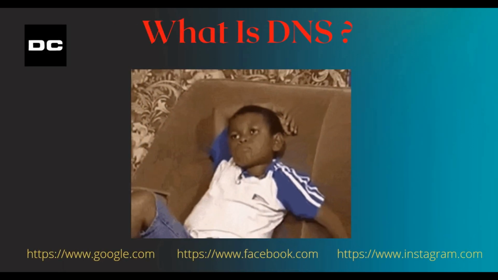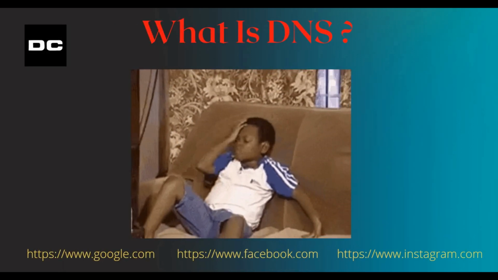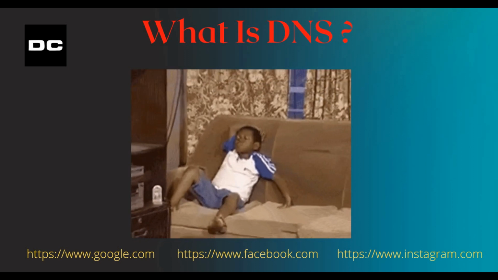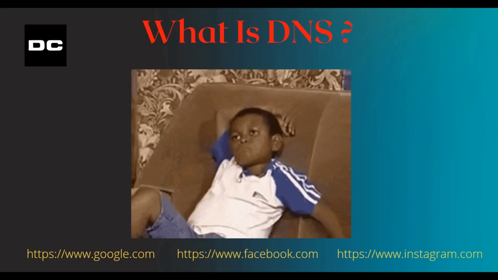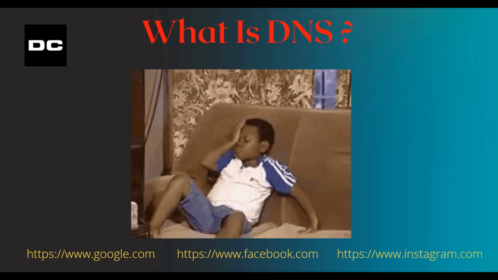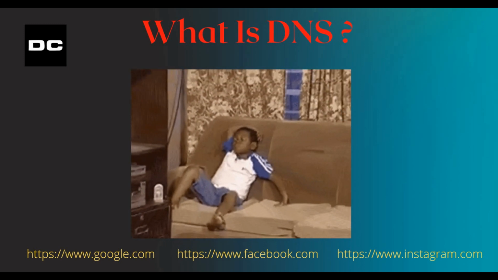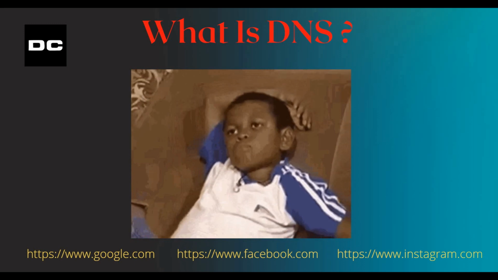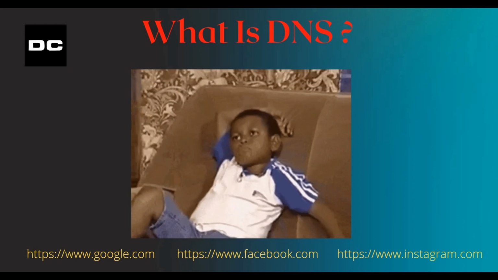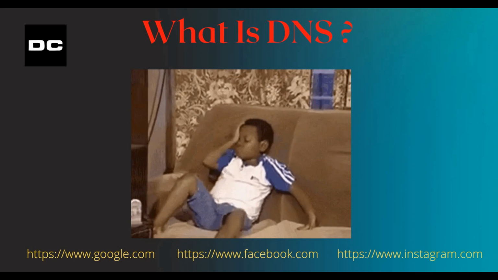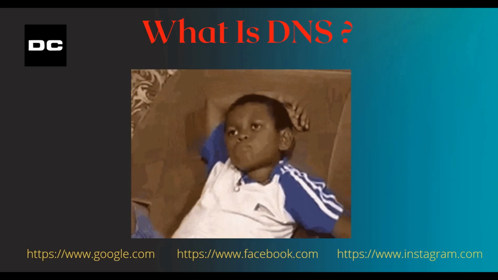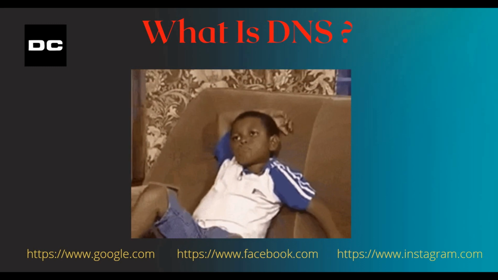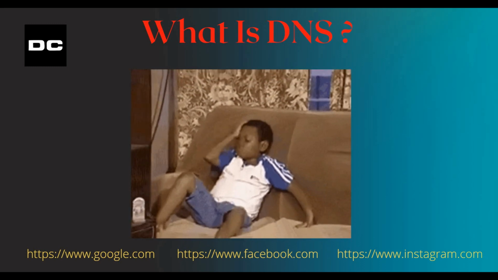Now the question is, what the hell is this DNS? Whenever you go to any particular website, like google.com or facebook.com or instagram.com, or any kind of website, maybe your portfolio website, you can notice that it takes some amount of time to get your request.